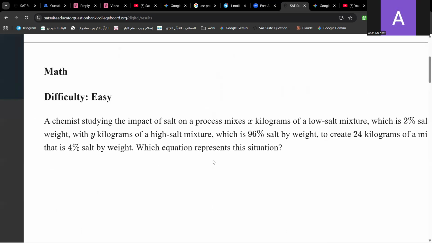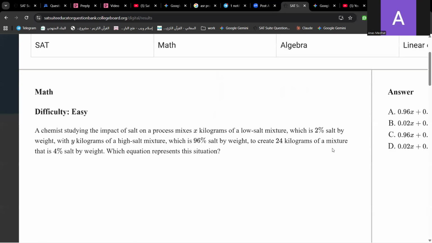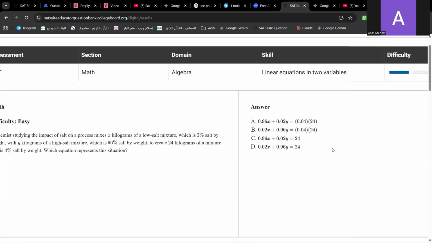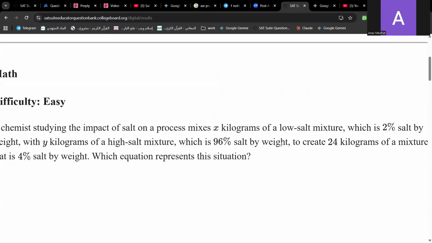A chemist studying the impact of salt on a process mixes X kilograms of low salt mixture, which is 2% salt by weight, and Y kilograms of high salt mixture, which is 96% salt by weight, to create 24 kilograms of a mixture that is 4% salt by weight. Which equation represents this situation? So, easy question, let's solve it.